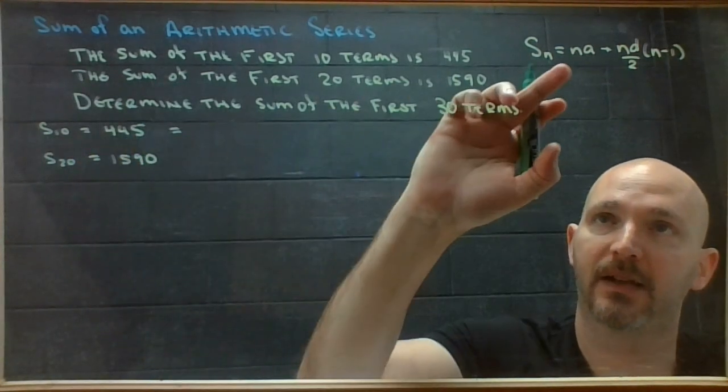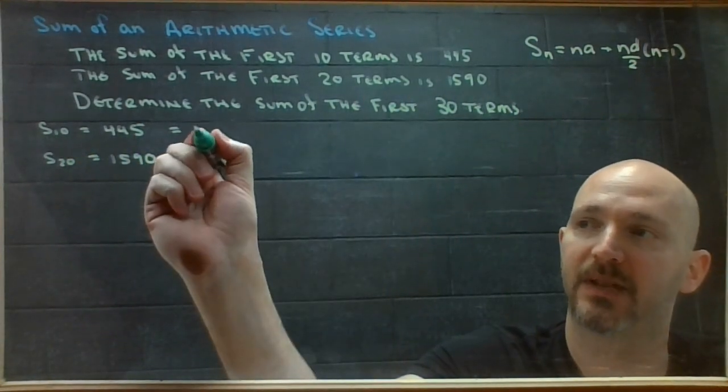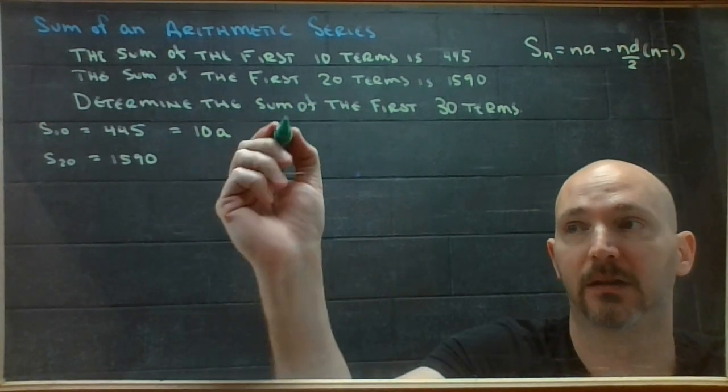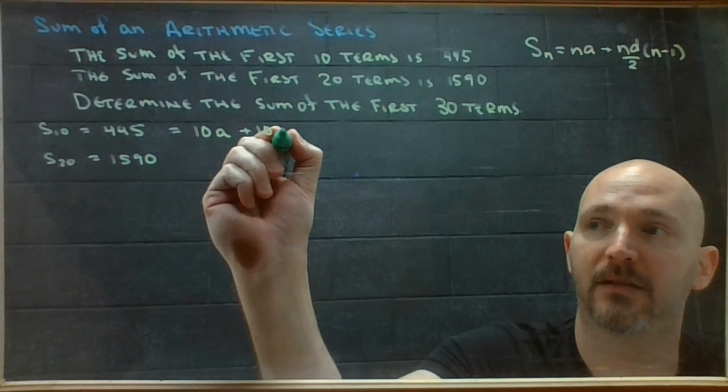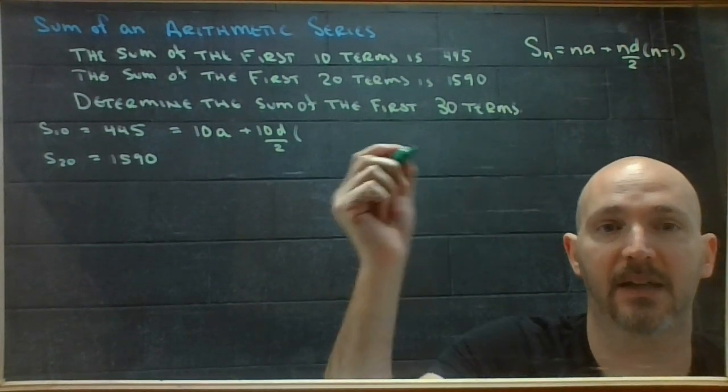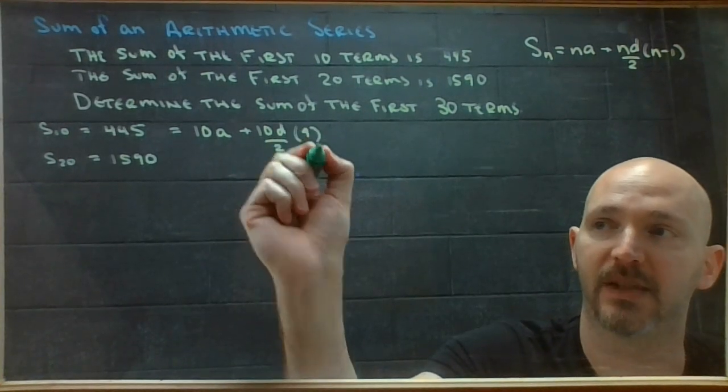For S10, I know that n is 10, so I'll have 10a, I don't know a, plus 10d over 2 multiplied by 10 minus 1, which is 9.